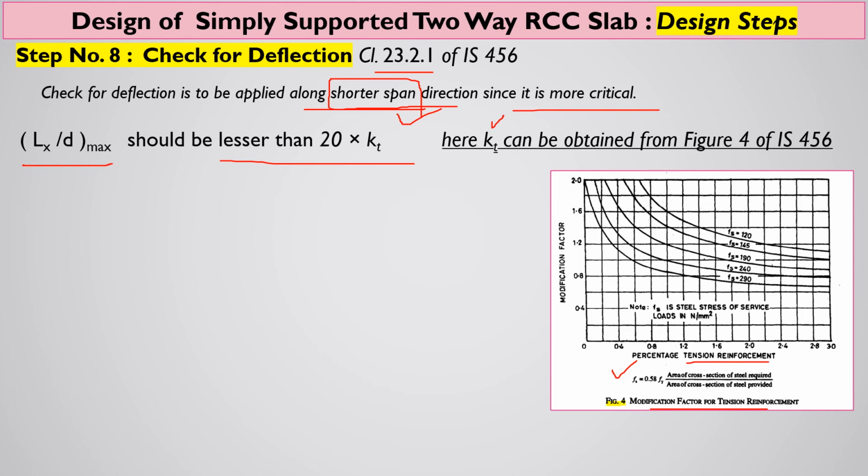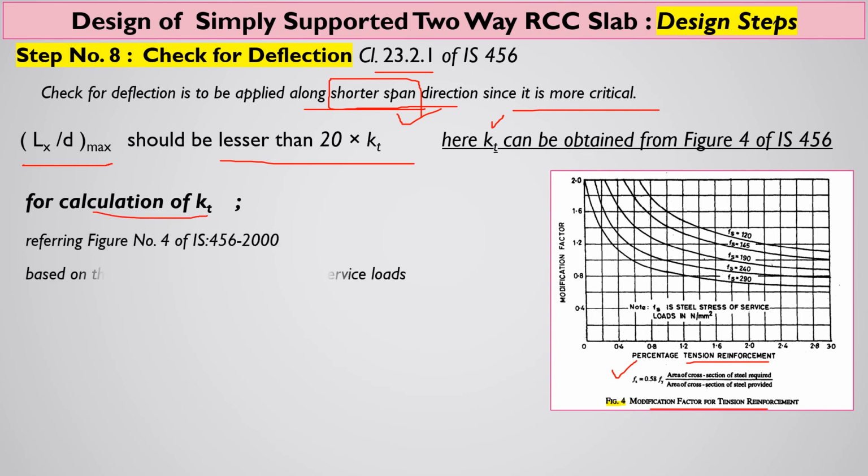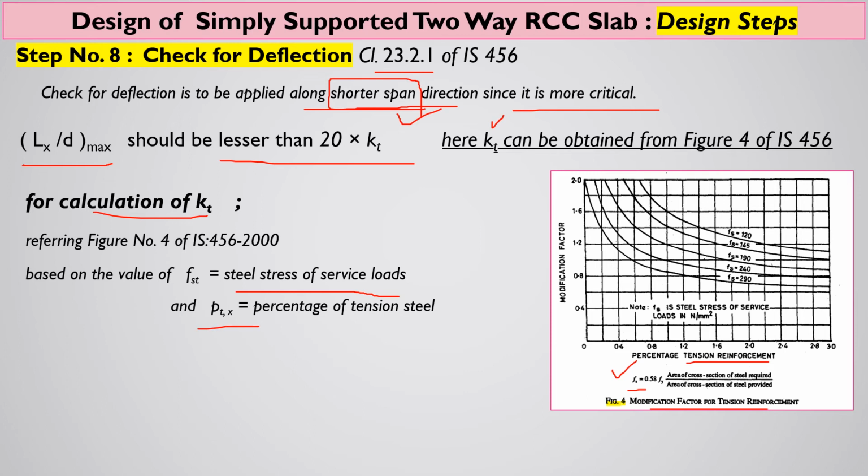belonging to your calculation. And for this calculation of kT, we have to refer this figure, and based on the value of FST, which is written here as FS, that is the steel stress at service loads, and percentage of steel value, that is along x-axis, percentage of tension steel we have to work out.